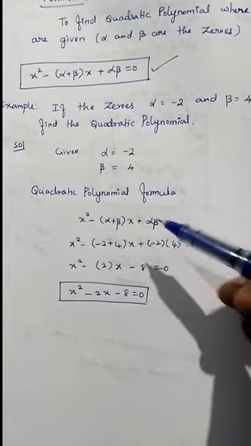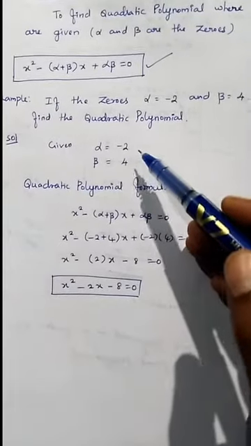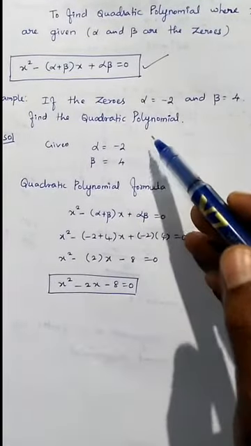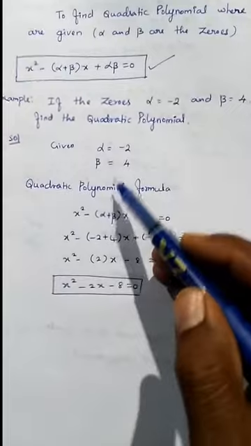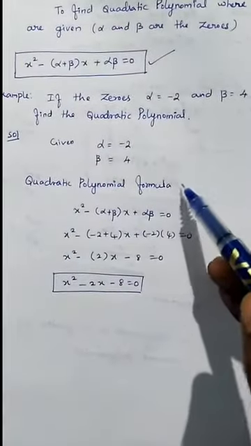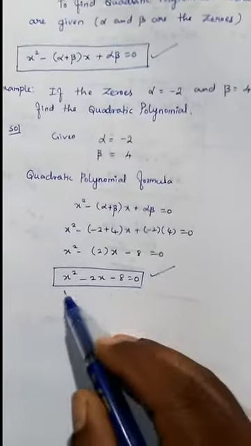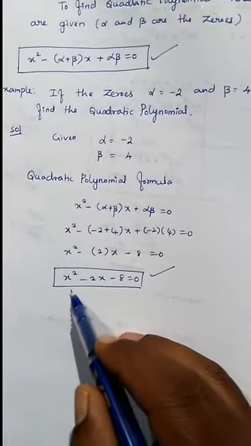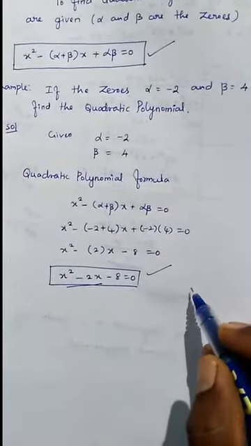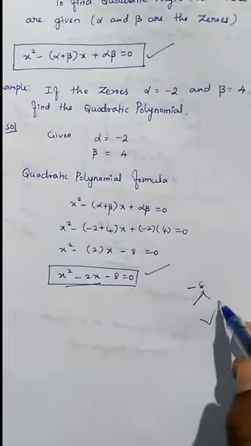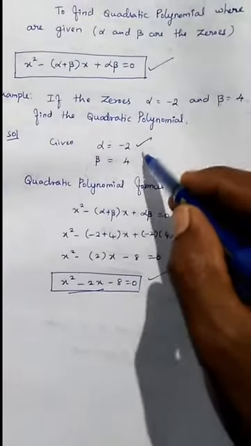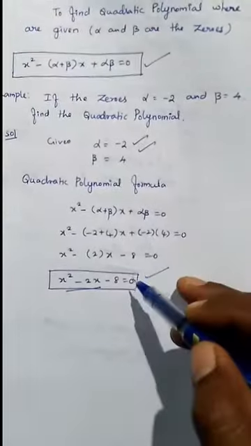Now we have to get back the equation for the given zeros. Apply this quadratic polynomial formula, substitute and simplify, and we get the quadratic polynomial equation. For this equation, when you apply splitting the middle term to find zeros, you get these zeros. From zeros we are going back to the equation.